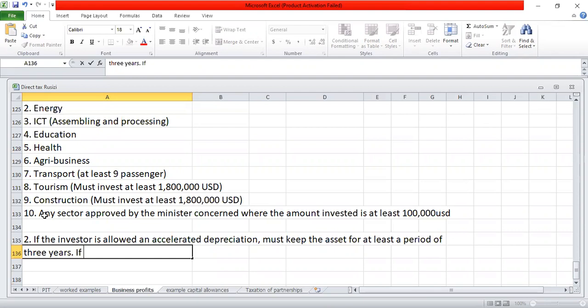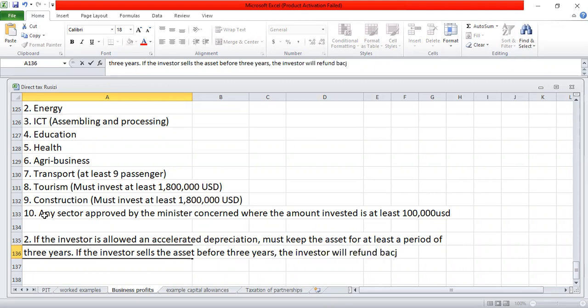So if the investor sells the asset before 3 years, the investor will refund back the amount lost, the tax lost, not the amount. I think you can be very clear.